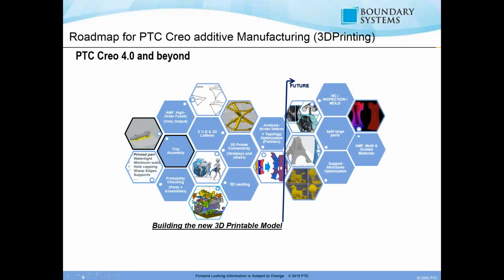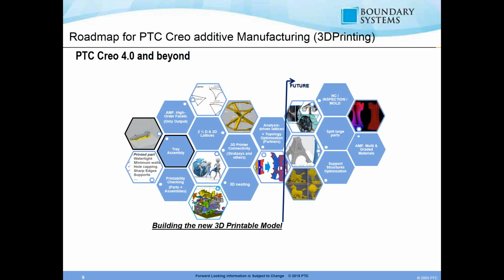So just a little bit of a roadmap for PTC's Creo additive manufacturing. You can see here, we've got several different things over on the left-hand side that are readily available today in the software as it's being delivered to you. We have AMF and high order facets, output only on that portion, but we do have the ability to do so. Tray assembly, printability checking, parts and assemblies.